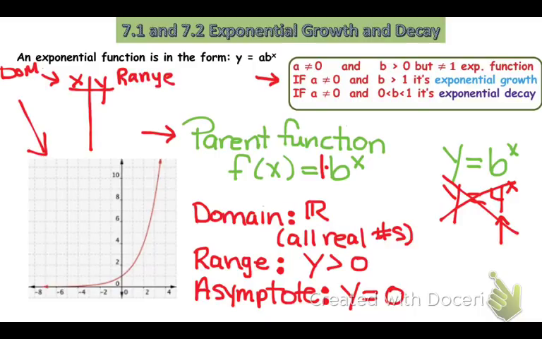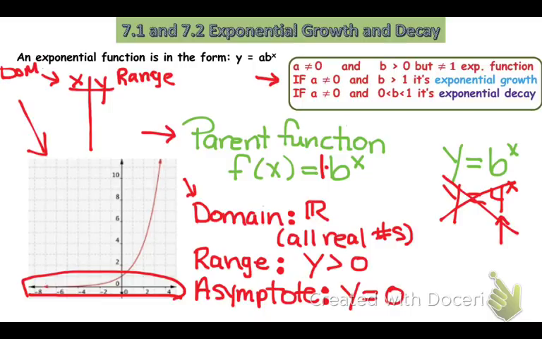So now if we go down here, it says the domain is all real numbers on this particular graph. So the x values, notice, can be anywhere. It can be in the positive values or the negative values, right? And then the range is y is greater than 0.